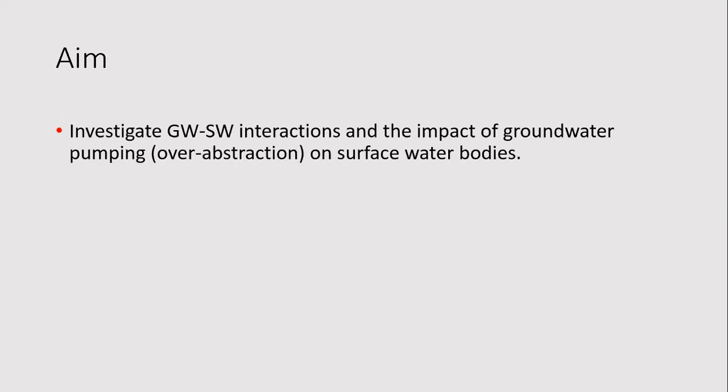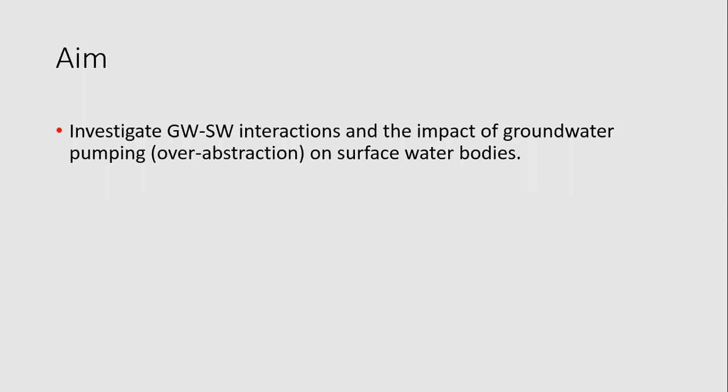The aim of my dissertation is investigating the groundwater-surface water interaction and the impact of groundwater pumping. In a way, I've included over-abstraction, and I'll explain a bit later on why it's over-abstraction.